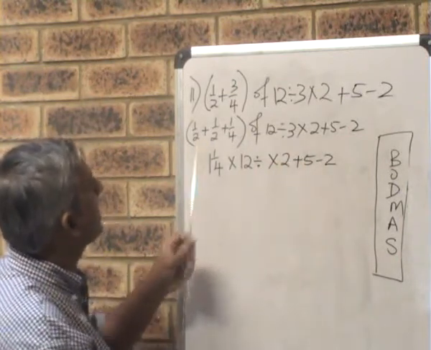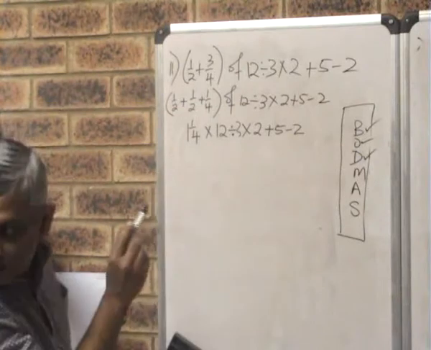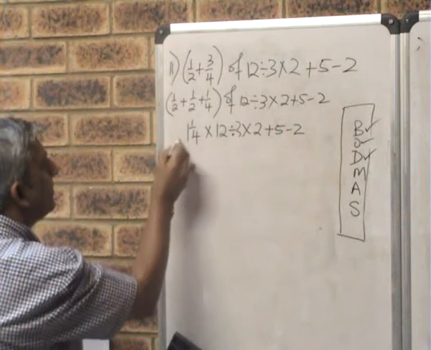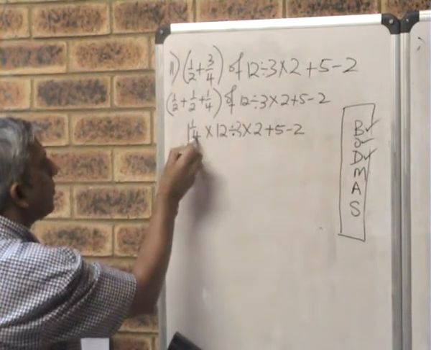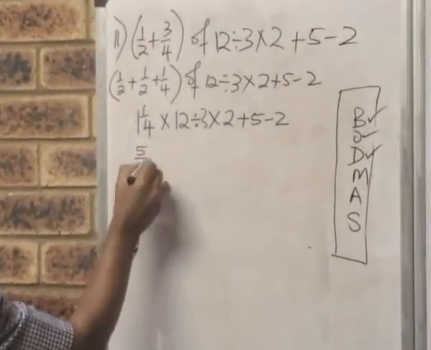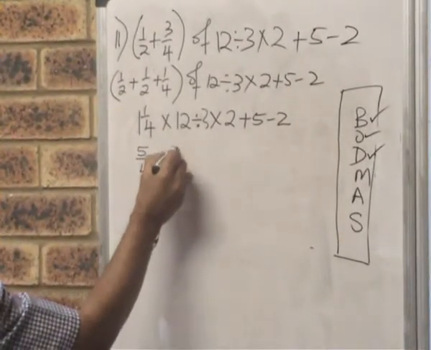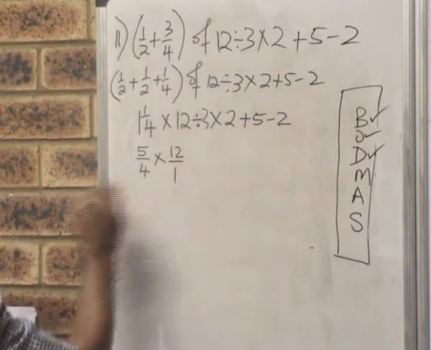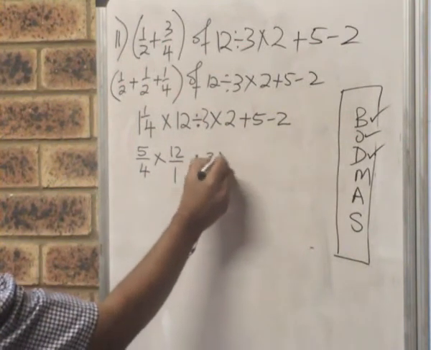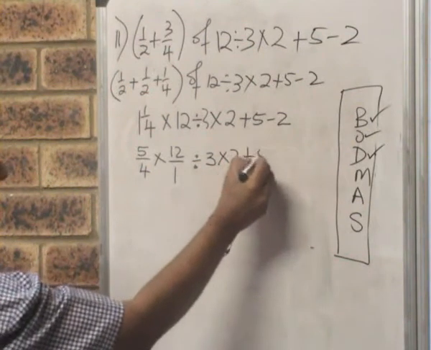So I looked at the bracket and, okay, we're looking at 1 1/4. 1 times 4 is 4 plus 1, 5 over 4 times 12 over 1 divided by 3 multiplied by 2 plus 5 minus 2.